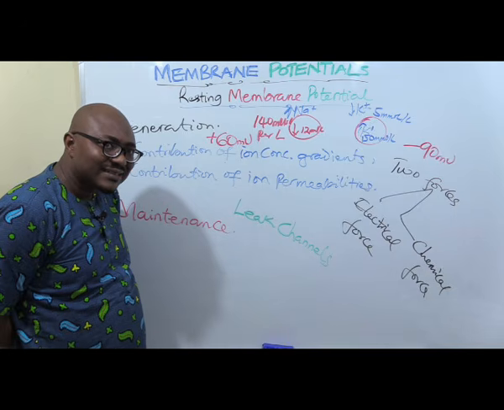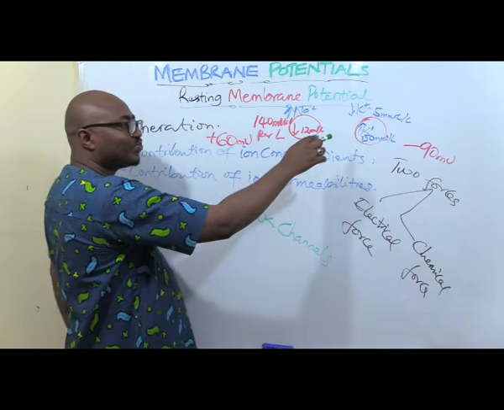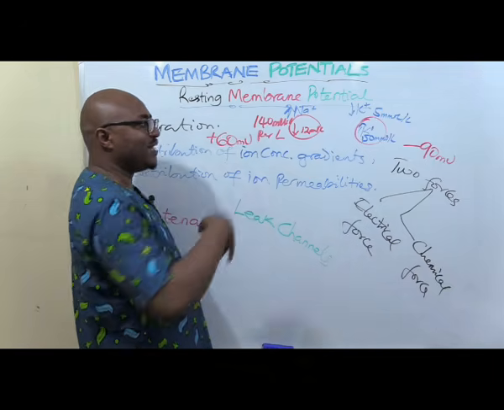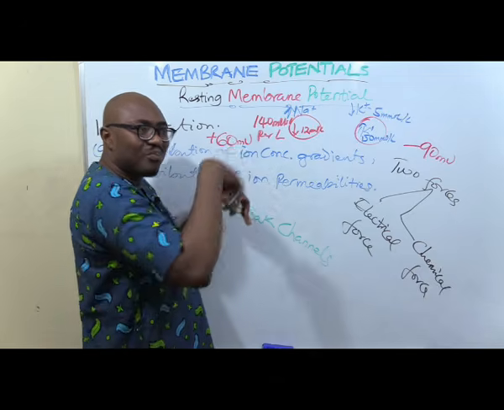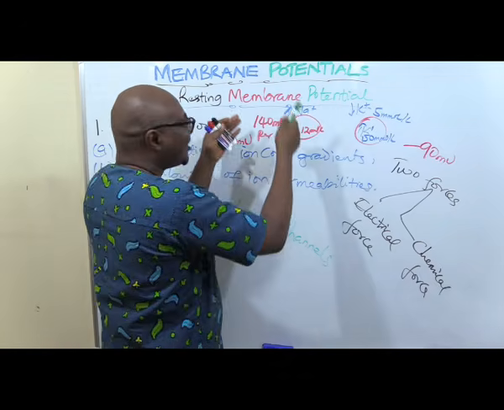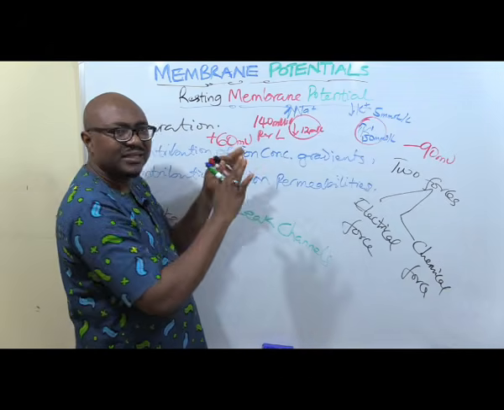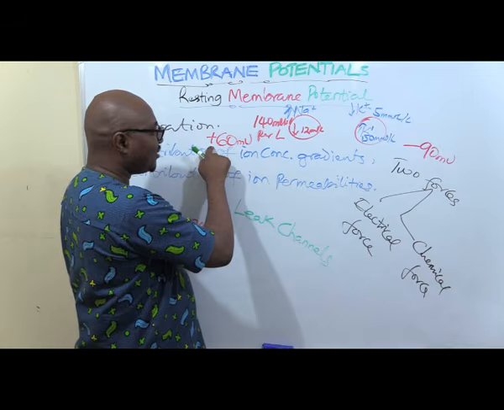Do you understand that? So more potassium tends to leave the cell. No, it's high inside. So more potassium tends to leave the cell than sodium is entering the cell. No, we have put them together. We also want to establish the equilibrium potential.